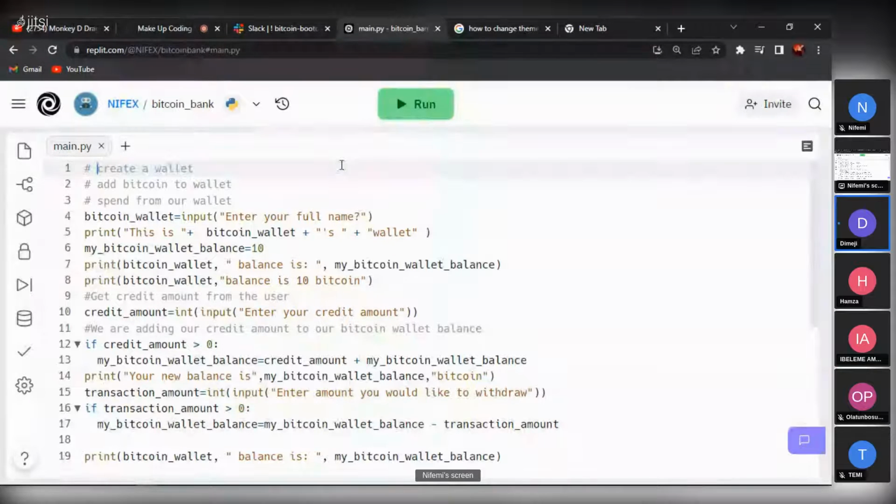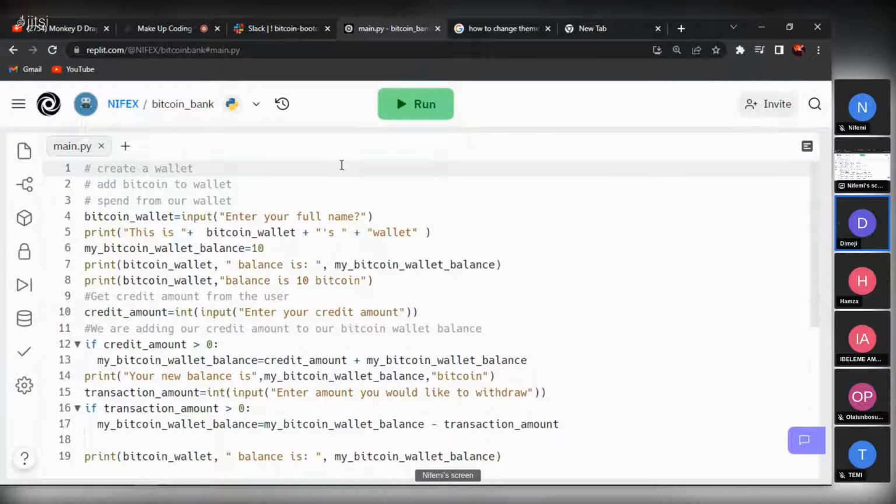What do you think line 5 would do? The name and the Bitcoin. I understood number 7 more than number 5. Okay, explain number 7 to us. Number 7 is the person's name and the amount that is there, the balance of the wallet.